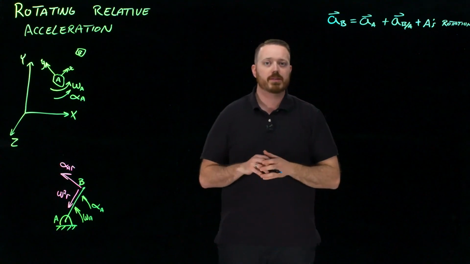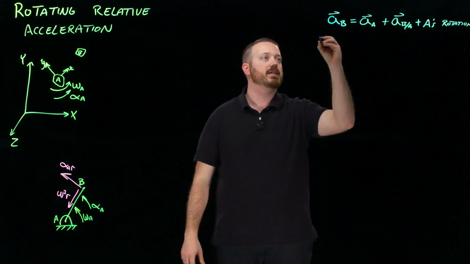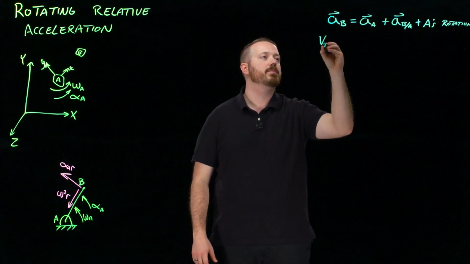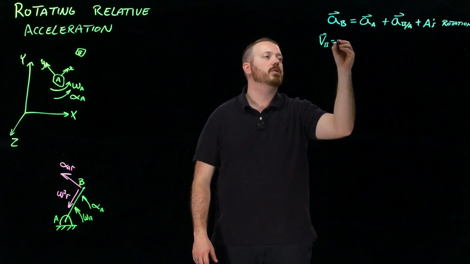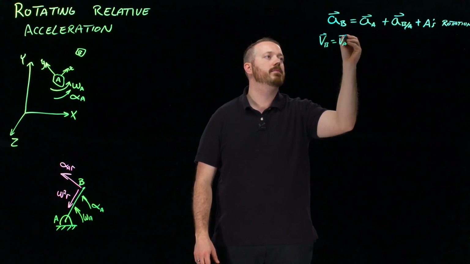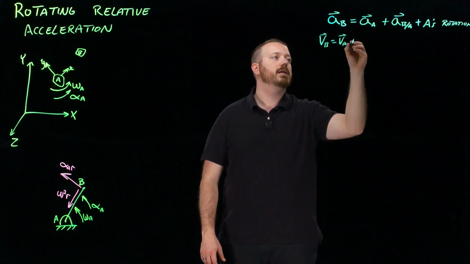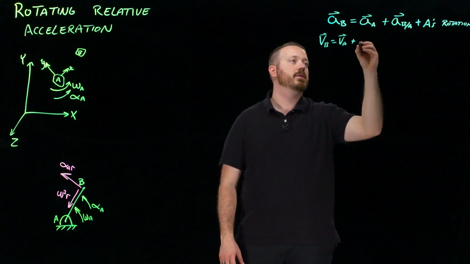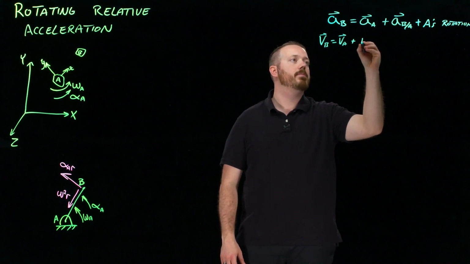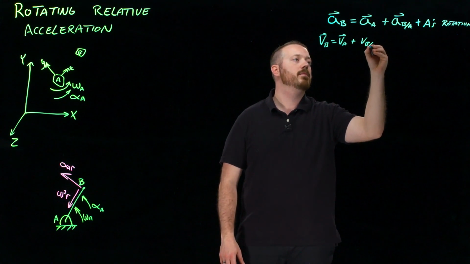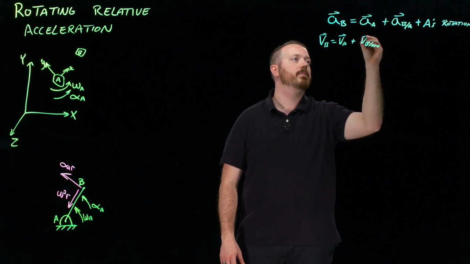As always, we can start with the relative velocity equation. The velocity of B equals the velocity of A plus the velocity of B given A, from A's xy frame.